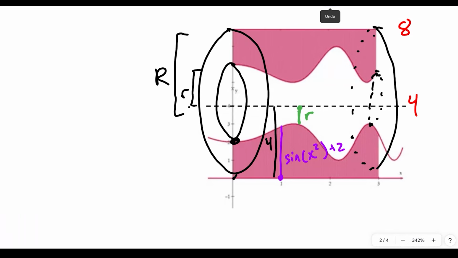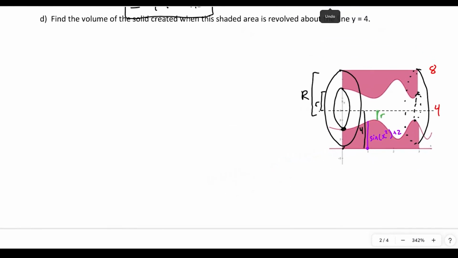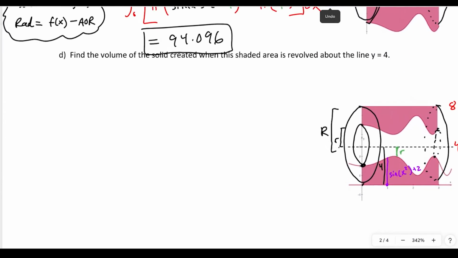If this is 4 and this is 3, it would be 1, right? So it's going to be 4 minus that function value. In general, it'll be the axis of revolution minus the function value itself.